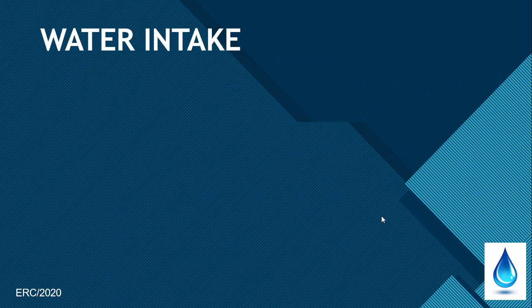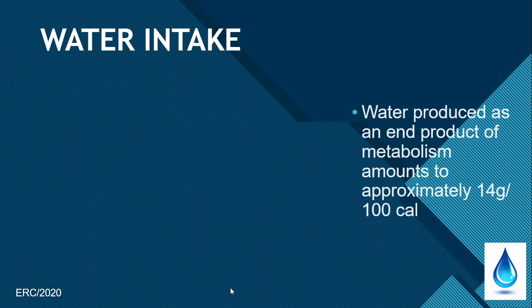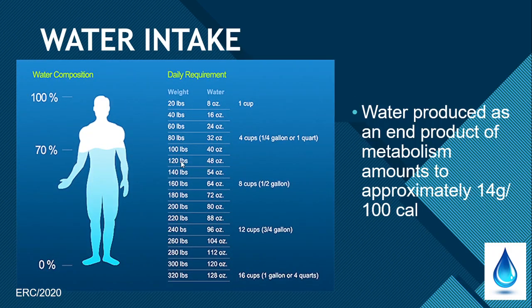How much water should a person take? Water produced as an end product of metabolism amounts to approximately 40 grams per 100 calories. If you look here, for a person weighing 20 pounds, this person must have at least 8 ounces of water intake.